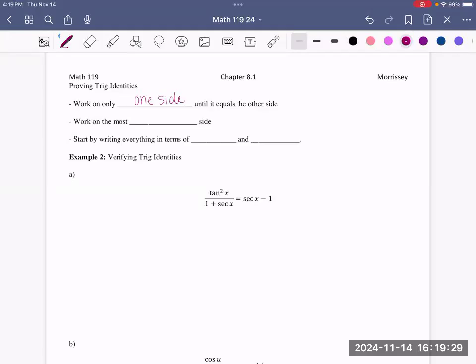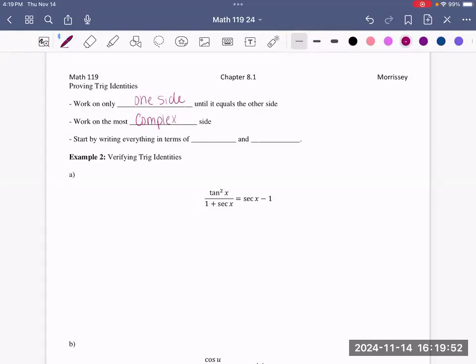But for me, you only really need to pick one side. The side that you want to work on is the one that is most complex, because it's easier to go from something super complex-looking into something a little bit easier and smaller, versus going from something small and trying to make it a lot more complicated.